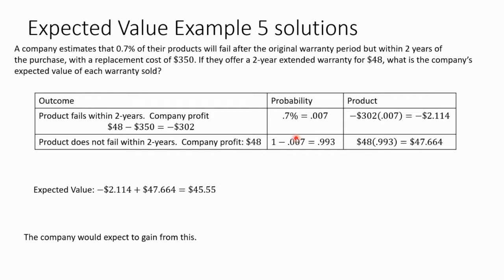We have event E, and 1 minus the probability of E is the probability of the complement of E, which is the event that E does not happen. If a product does break down, then its complement would be it does not break down. So that's 1 minus 0.007, which is 0.993. So in this case, the product would be $48 times 0.993, which turns out to be this.